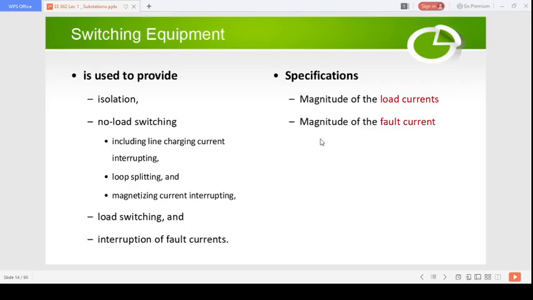Depending on the type of equipment there may be different specifications, but the load current and fault current are a couple of the main specifications that specify the characteristic of the switch.